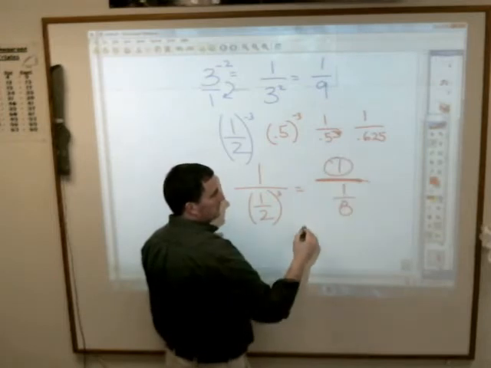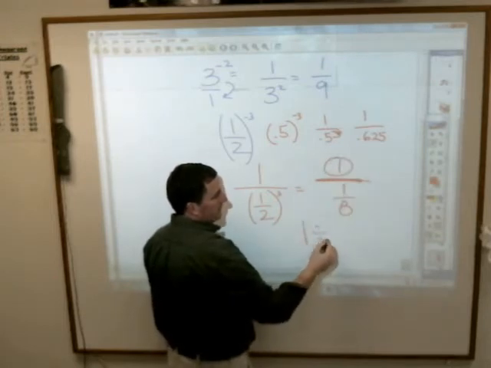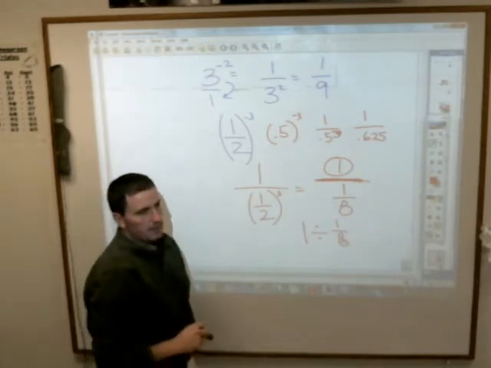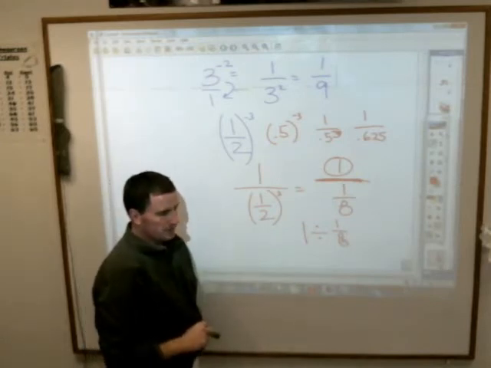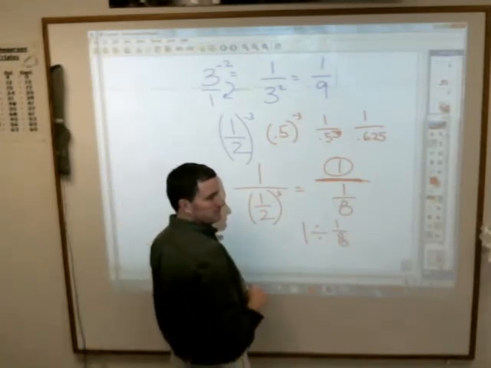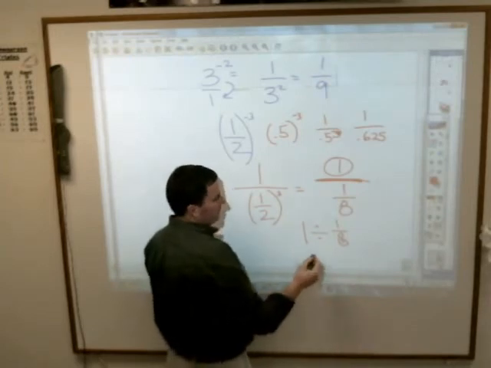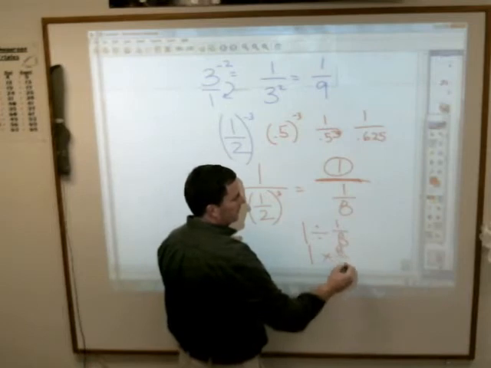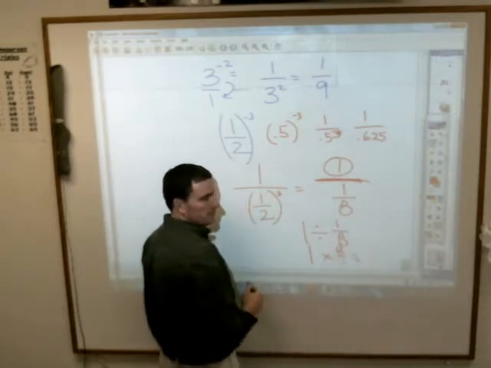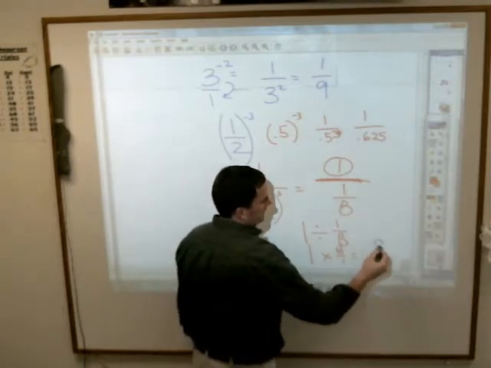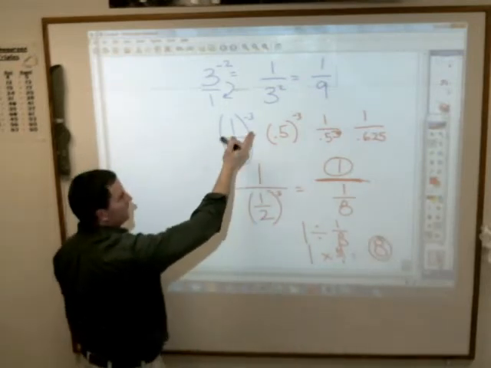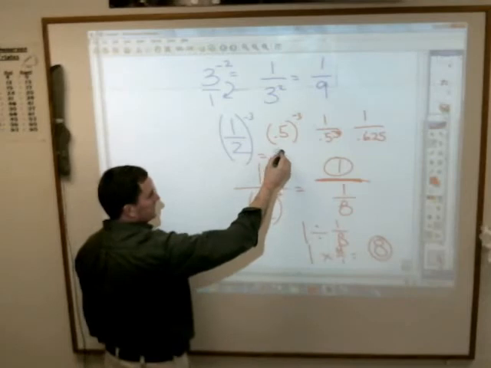It's 1 divided by 1/8. How do I divide by a fraction, Emma? Flip and multiply, so it actually becomes 1 times 8 over 1. And what is 1 times 8 over 1? 8. So the answer is 1/2 to the negative 3rd power is 8.